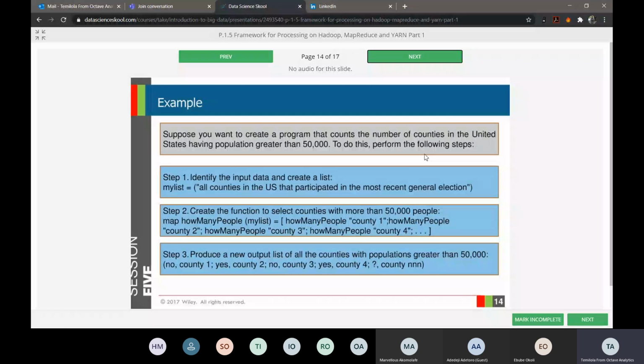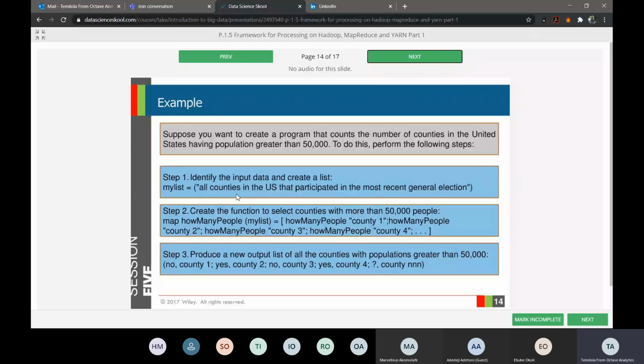We are trying to create a program that counts the number of counties. Let me take it just the way it is: the number of counties in the United States having a population greater than 50,000. So to do this, what would we do?